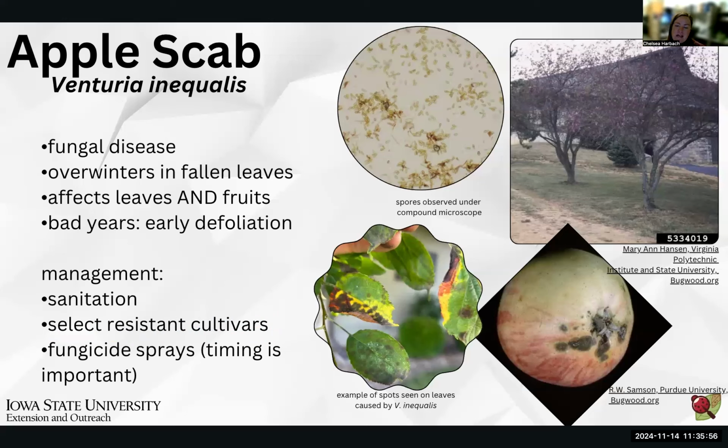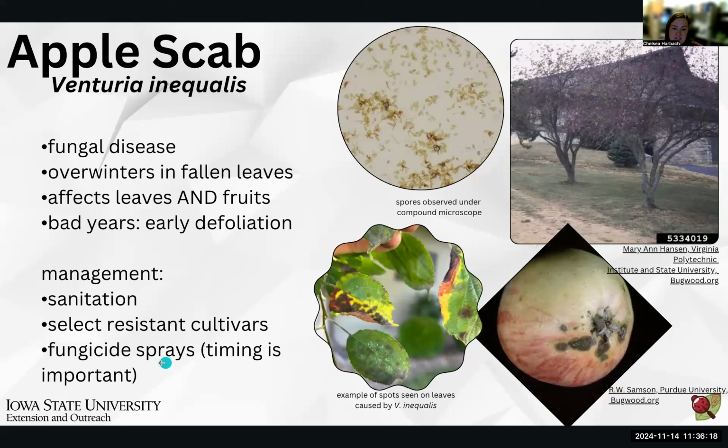But knowing that it can be an issue, you might consider selecting resistant cultivars to plant. And we actually have a publication or a list somewhere on our website with different apples and their susceptibility or resistance to different plant diseases.